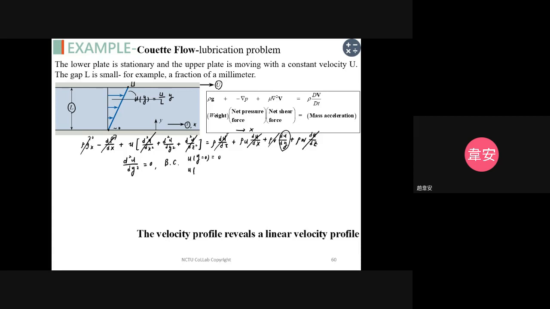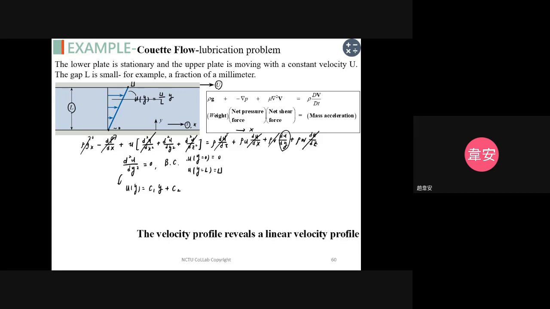And u at y equal to L, the thickness, is U. We do the integration: u(y) is equal to C1 y plus C2, because when we take the first derivative we only have C1, and the second derivative is equal to 0.